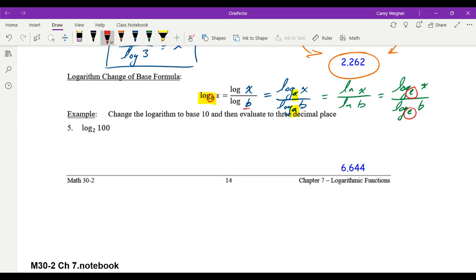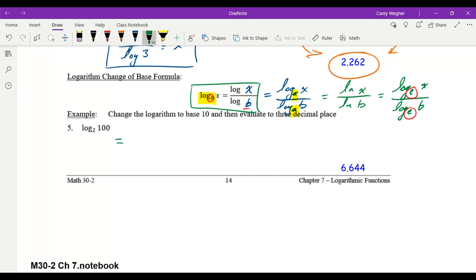But again, as I mentioned before, the key idea is this one at the start here, and most of the time if we want to use the change of base rule, we'll change it to a common logarithm. And that's what we're asked to do in question number 5 next. We want to rewrite this as a log base 10.